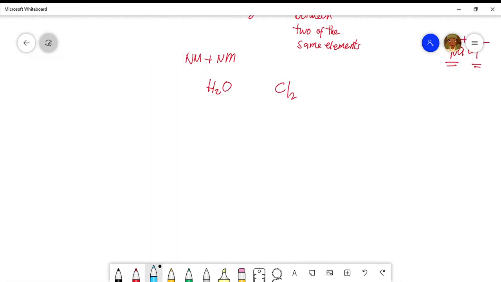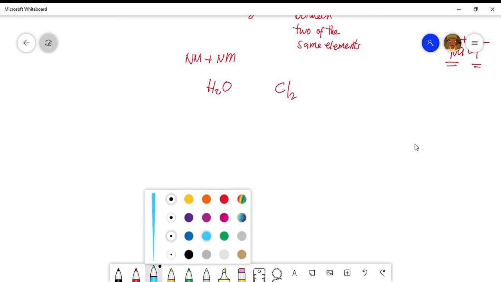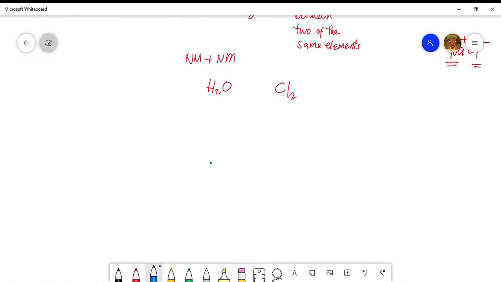We know that oxygen here has 8 electrons.